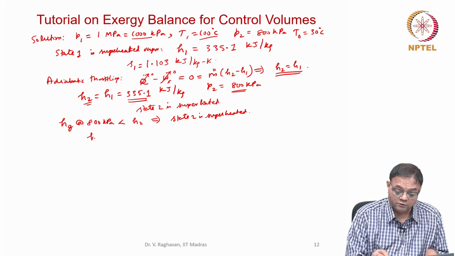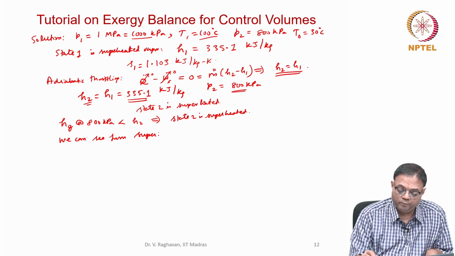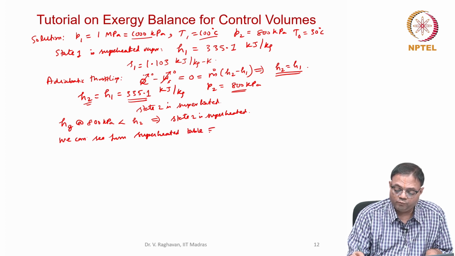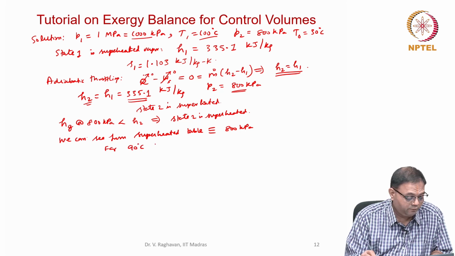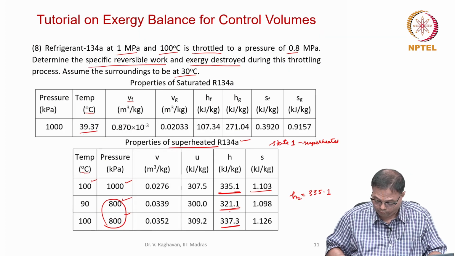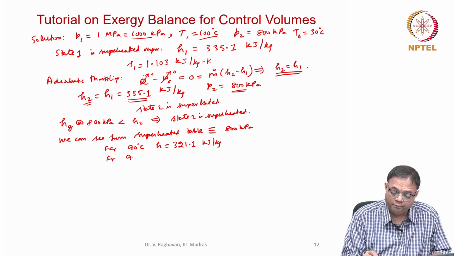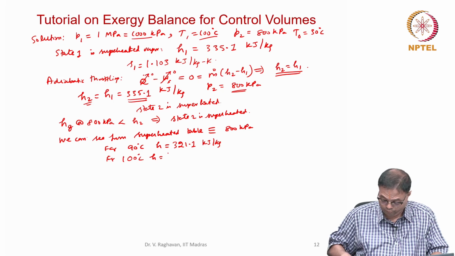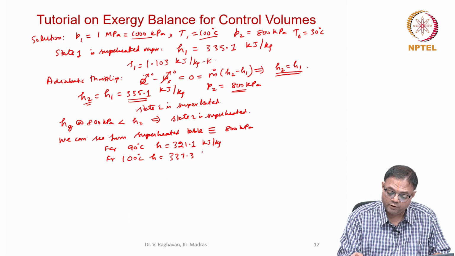Now, what is the temperature? We can see from the superheated table corresponding to 800 kilopascals, for 90 degrees H equal to 321.1 kilojoule per kg, and for 100 degrees H equal to 337.3 kilojoule per kg.